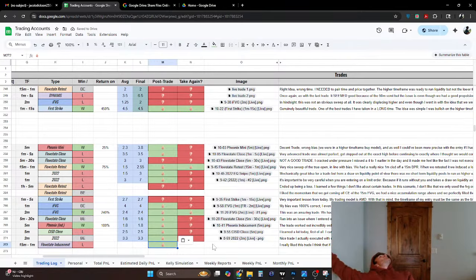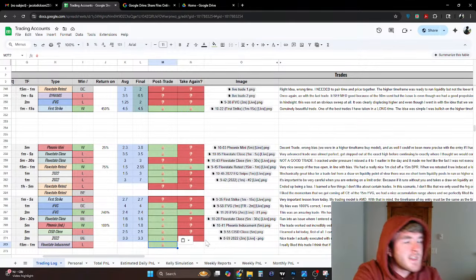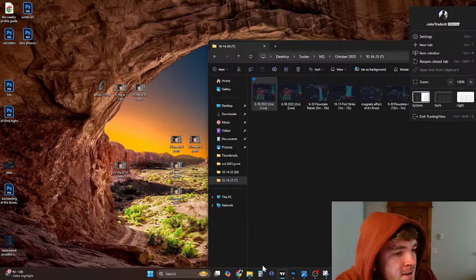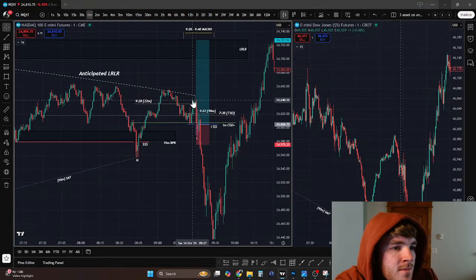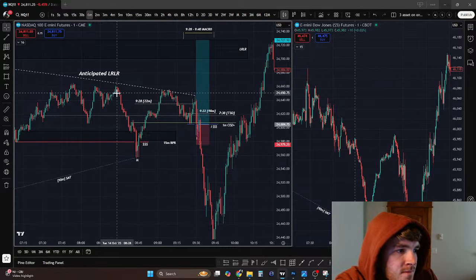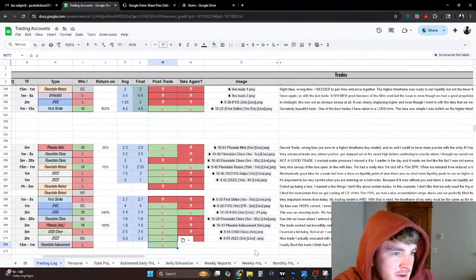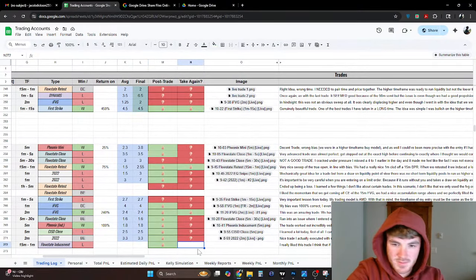Would I take it again? It was really good at the time. Here's the thing: at the time, I didn't know that we had bearish SMTs right here and here. But I guess had I known that, then I wouldn't take it.